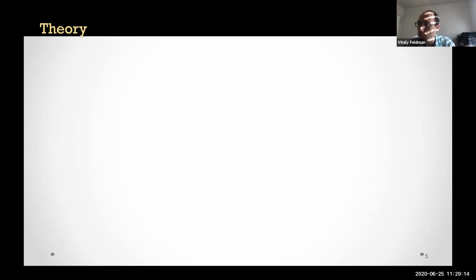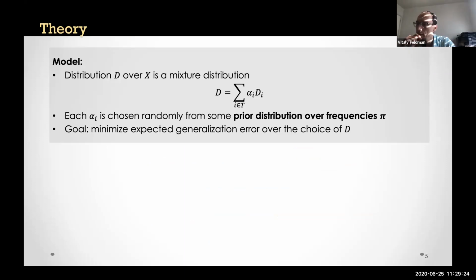Let me roughly explain how I turn this intuition into a model that captures it. The key element of the model is that the distribution over the domain is defined to be a mixture distribution of some subpopulations.